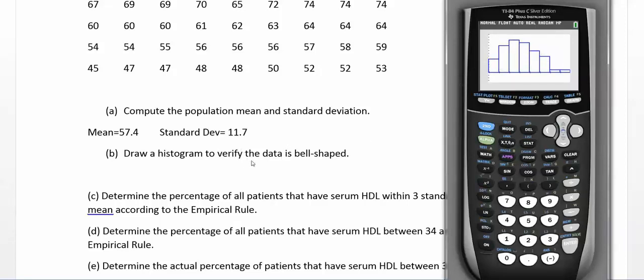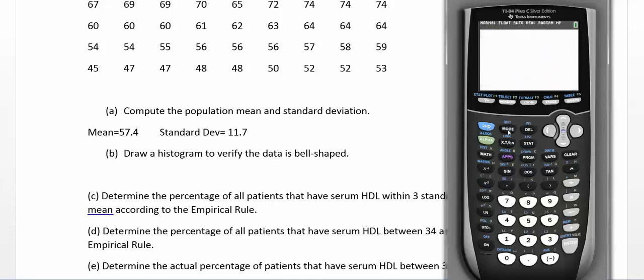If you want to copy and paste this into your notes, remember you can hit trace, and trace will tell you what the numbers on the bottom are, and will also let you scroll around. Speaking of which, let's confirm that we have the right numbers. It looks like we have a max of 92 and a min of 35.